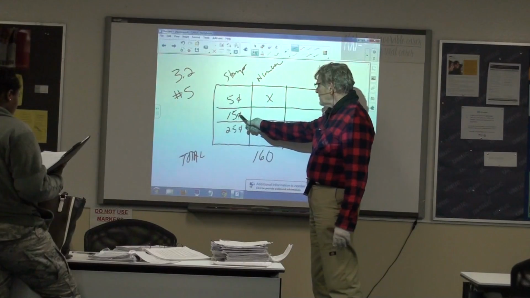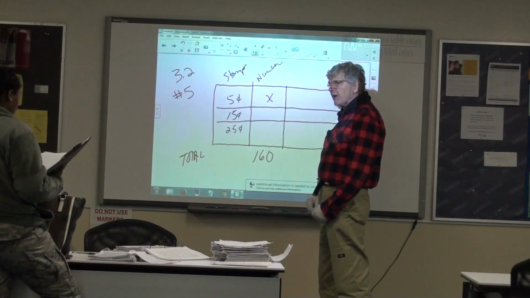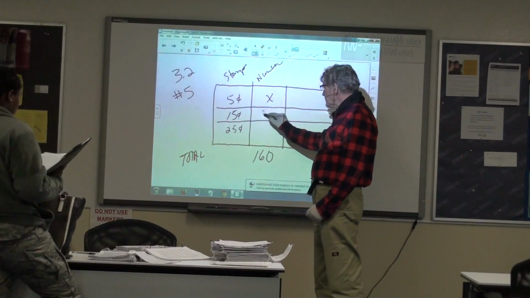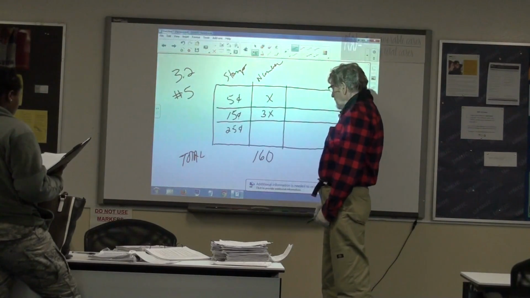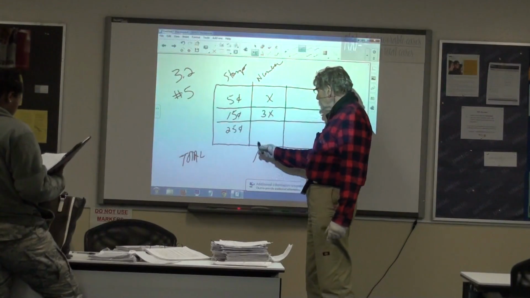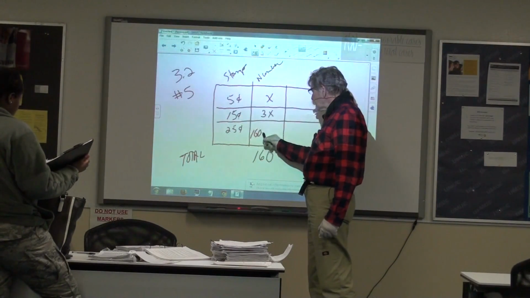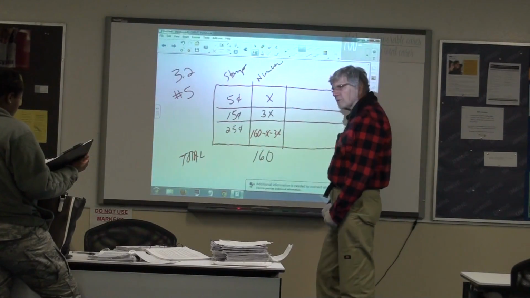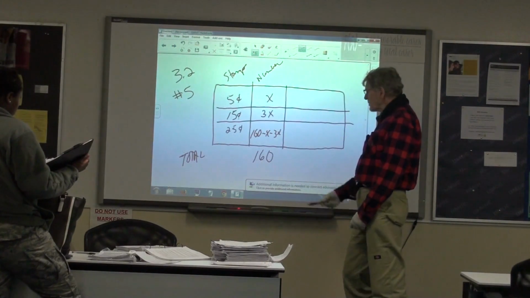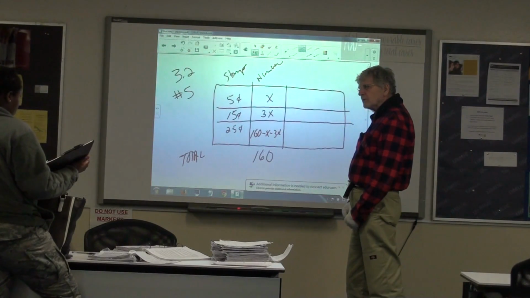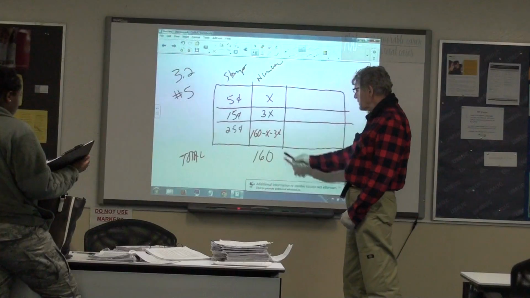So what number can we put in this box? 3x. Good. Now, there's 160 total stamps, right? So the number we can put in this box is 160 minus x minus 3x, because the total minus these and these is the number that's left. So that's the key to the problem right there.